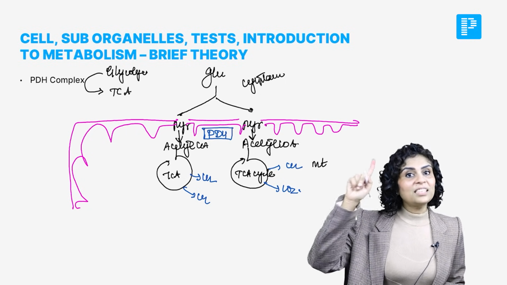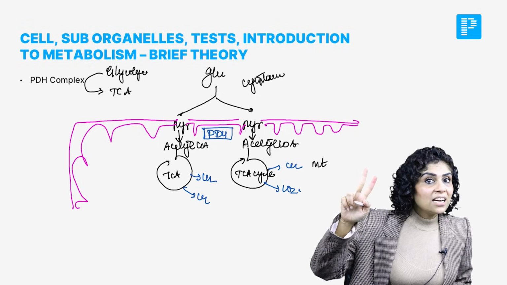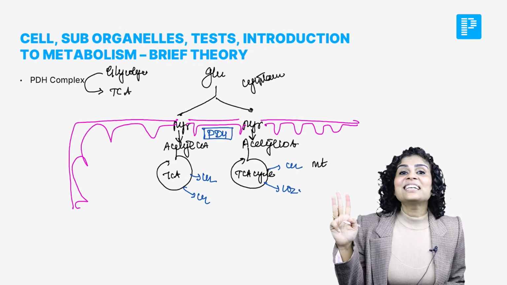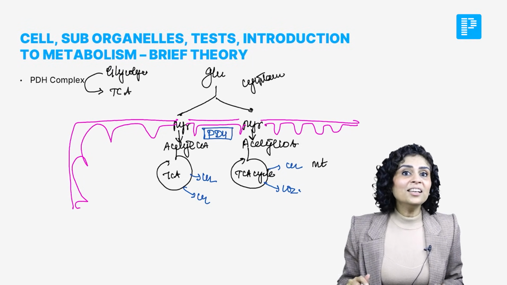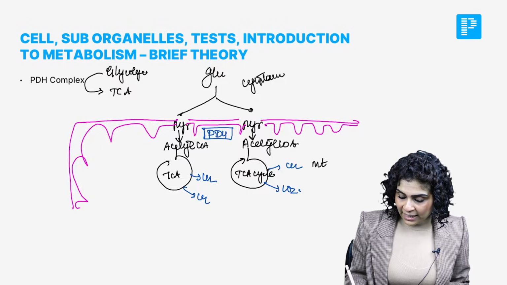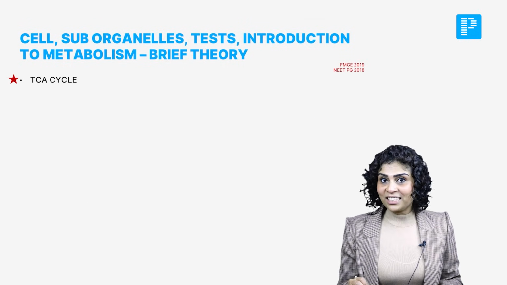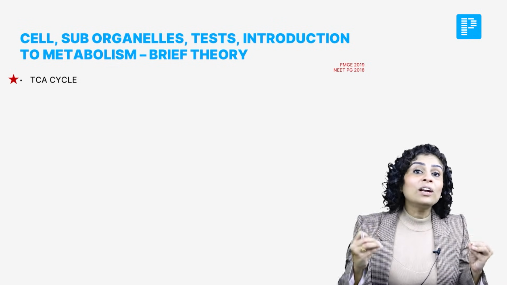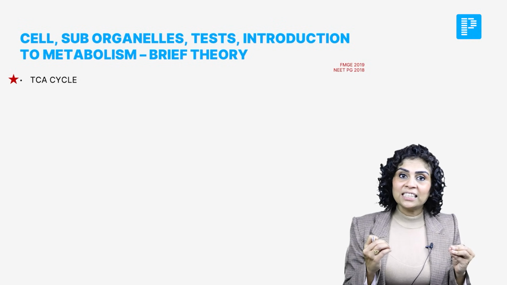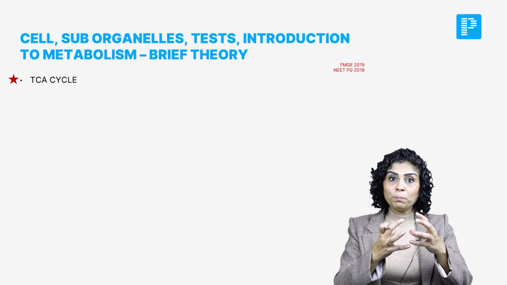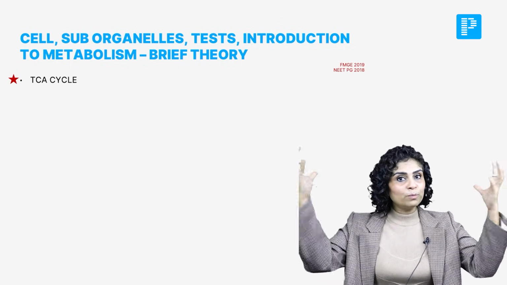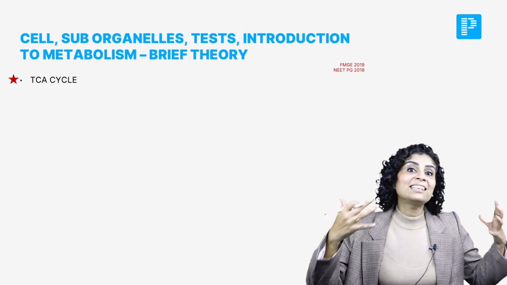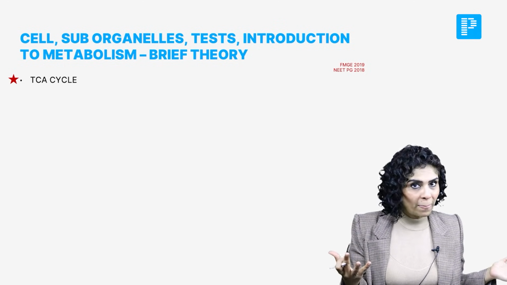Glycolysis happens in cytoplasm. Pyruvate dehydrogenase complex is present in mitochondria. Citric acid cycle also happens in mitochondria. Otherwise, what else do you know about citric acid cycle? It's a final oxidative pathway through which every fuel comes and gets oxidized, gets released as carbon dioxide, which you can exhale out safely.